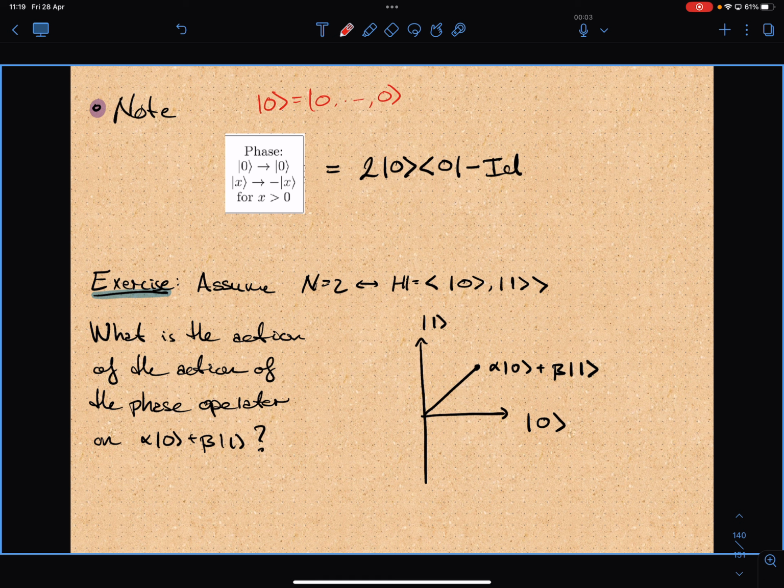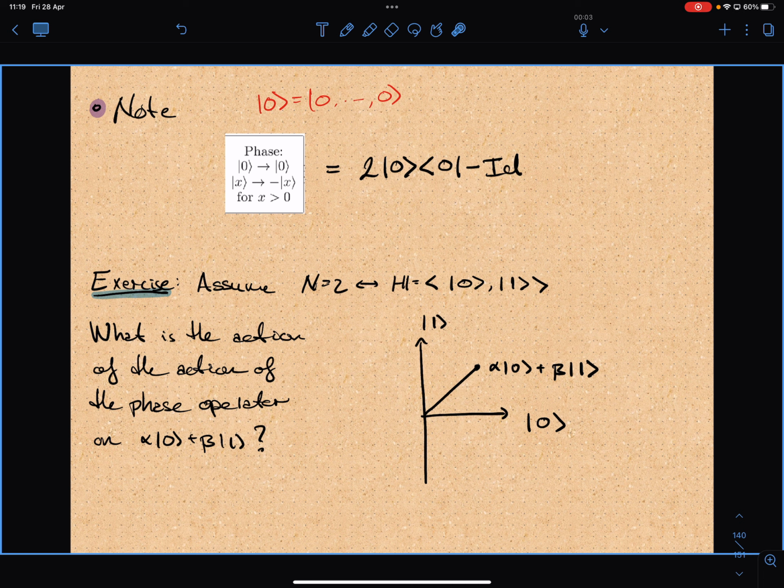For this basis vector, it just sends it to itself, and for all other elements, it flips the sign. And here, you can write it as an operator this way. You apply the minus identity to flip the signs of all of them. And then for the 0, you flip it back to the original sign by adding 2 of that.